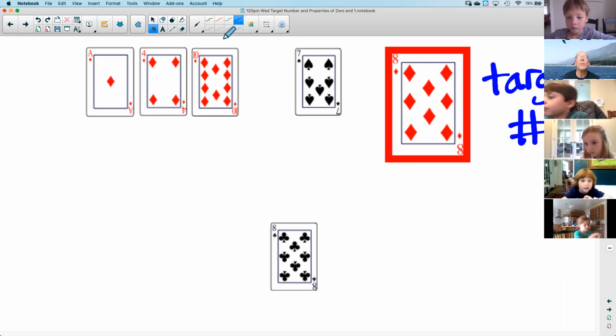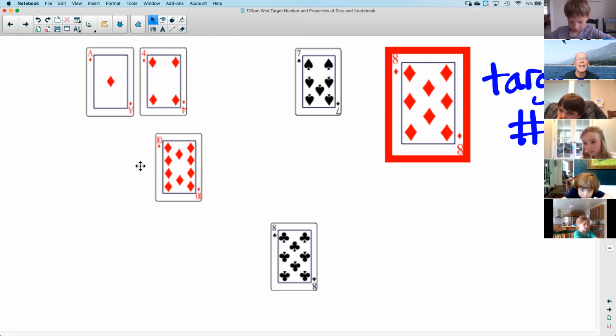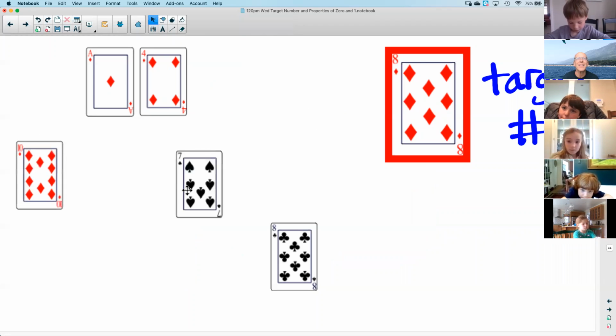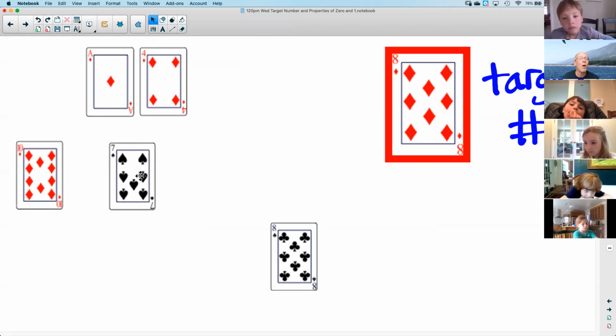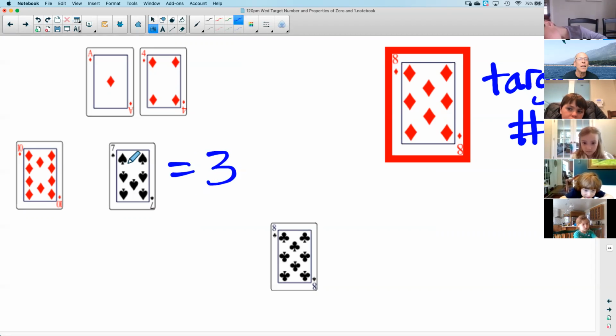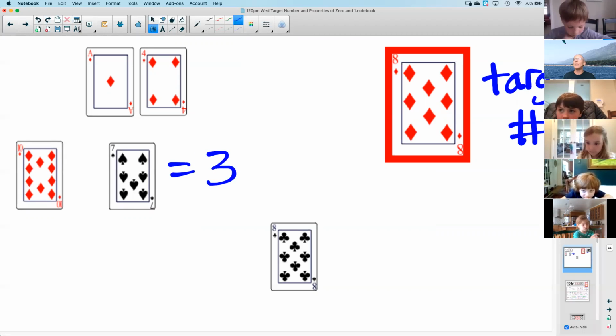So how do we do that? Let's see. Mr. Kramer is going to take the 10 and the 7. Now, if I want to get a 3, how would I get a 3 with the 10 and the 7? What would I need to do between 10 and 7 to get 3? Would I add it?